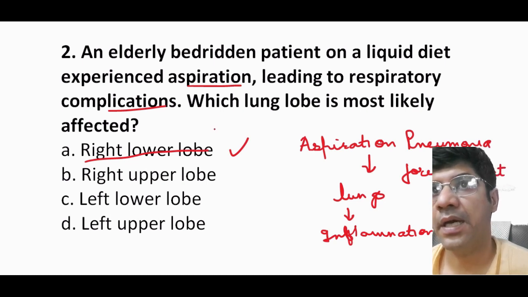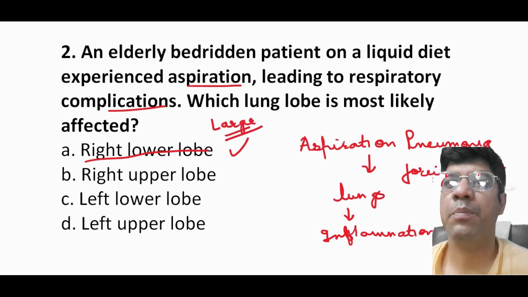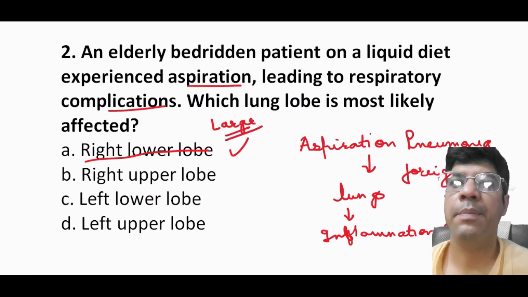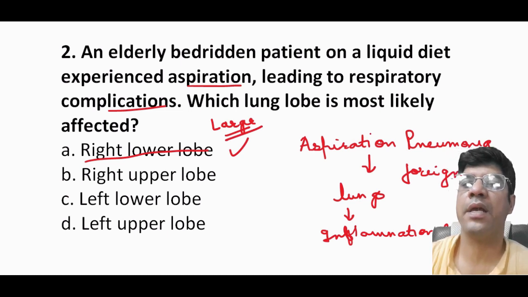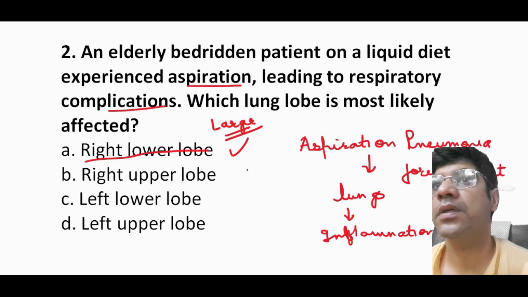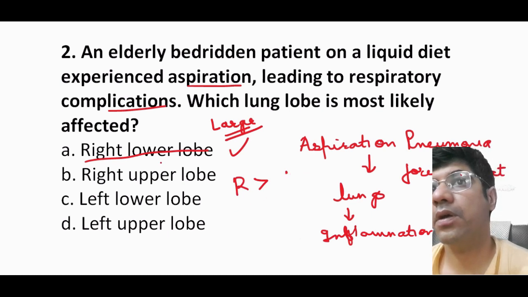It is larger in diameter and more vertical compared to the left mainstem bronchus. So when aspiration occurs, particularly in the upright position, the aspirated material is more likely to enter the right lung and settle into the right lower lobe due to gravity.